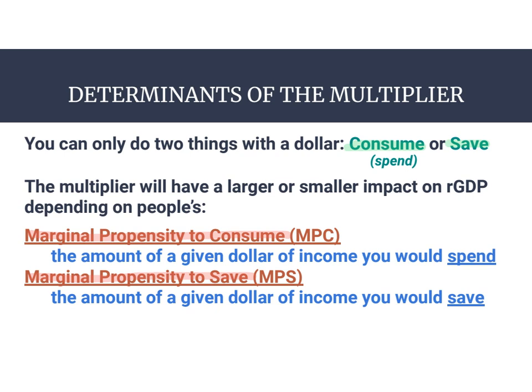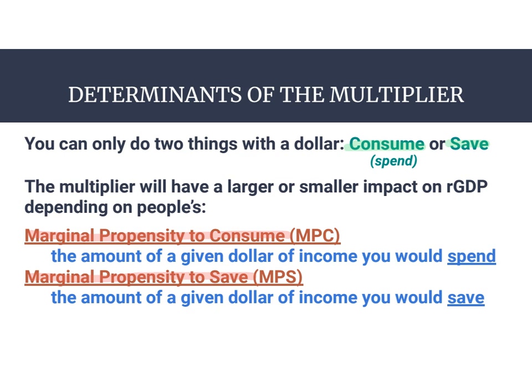So if you think back to our earlier example, person A was given $10, a given amount of income, and he spent $8. So his marginal propensity to consume was 80%. He consumed 80% of those $10, and that was the $8 that he spent.